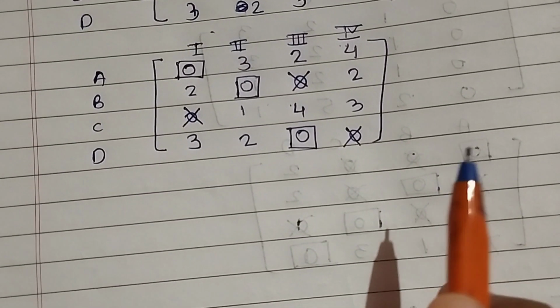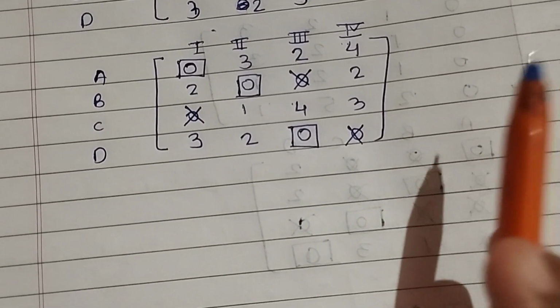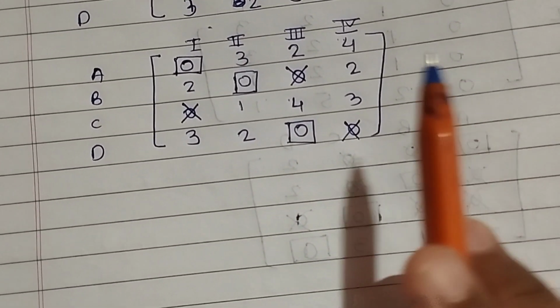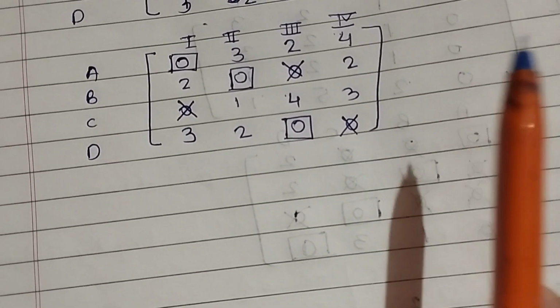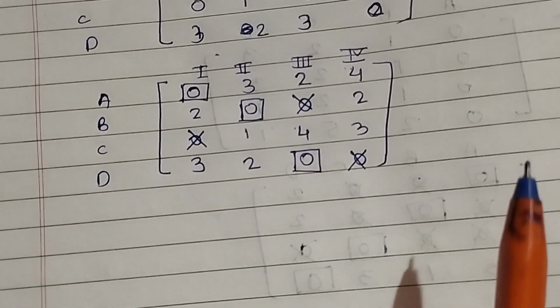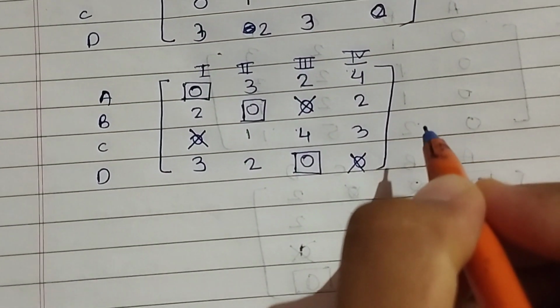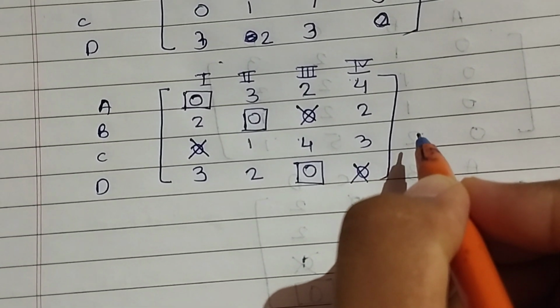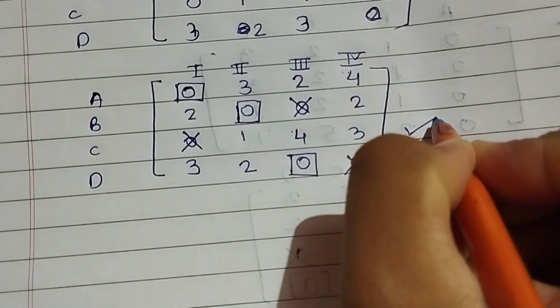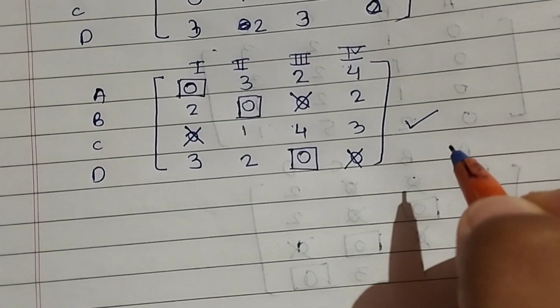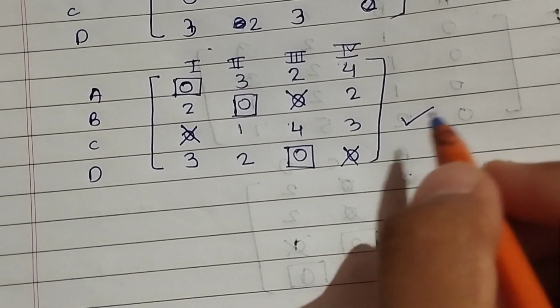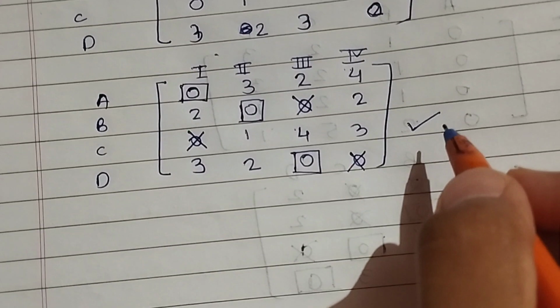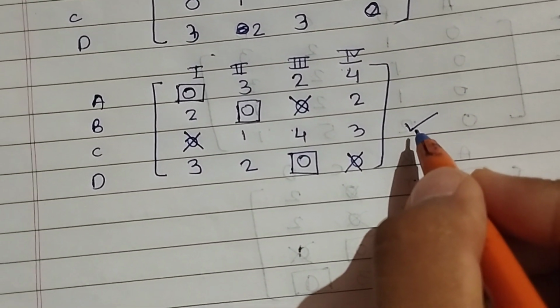The next step says: draw the minimum number of lines to cover all the zeros of the reduced matrix. So how do we draw the lines? Each row that has no assignment is marked with a tick like this.